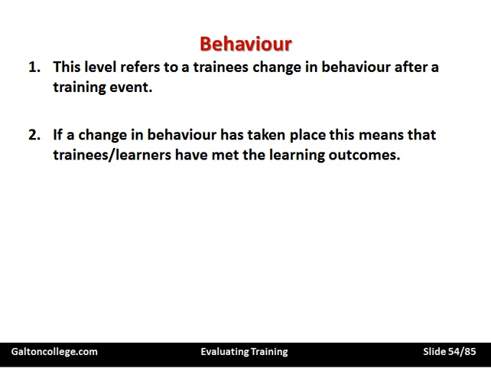If the attendee on the programme is working more efficiently, or has greater understanding of the issues, or is more efficient in the workplace, then the training programme has met the learning outcomes. The organisation has got good value for money. The training programme was worthwhile. That's if behaviour has changed as a consequence.